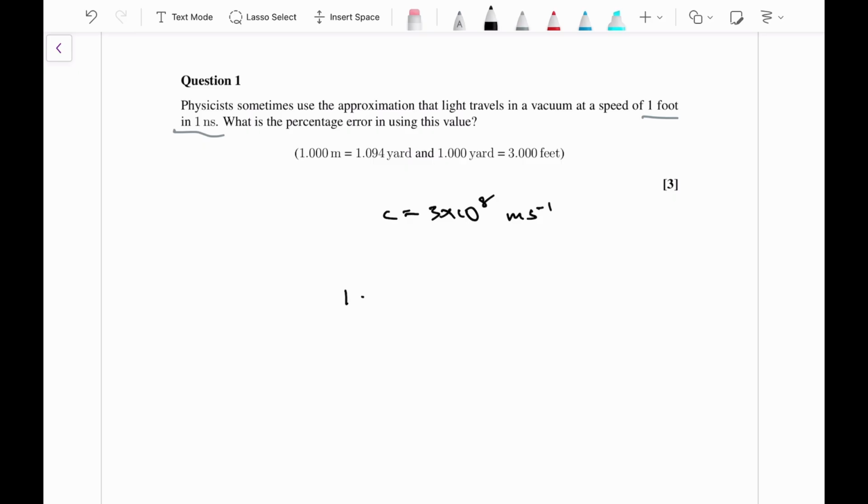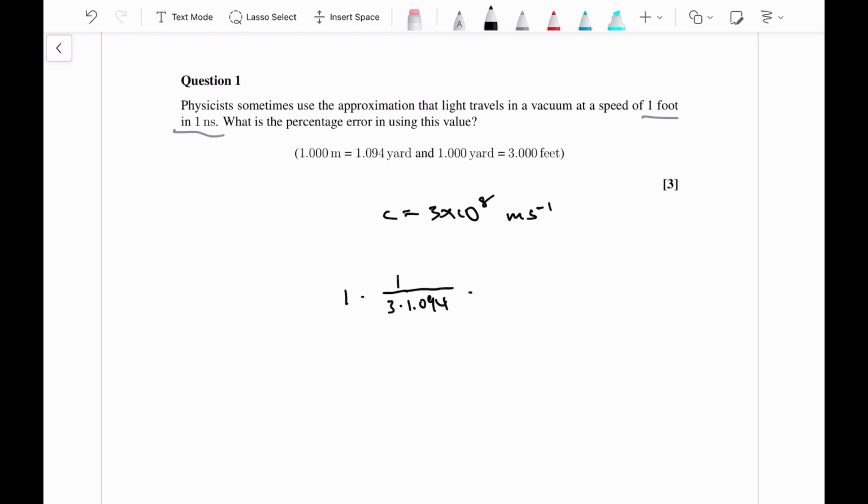So that is just, let's say, 1 times, first of all, convert it from a foot to meters, so that is divided by 3 to get the yard, and then divided by 1.094 to get it into meters.